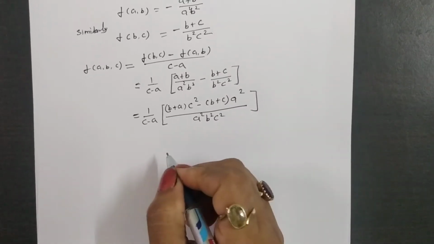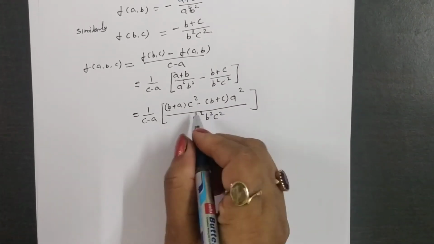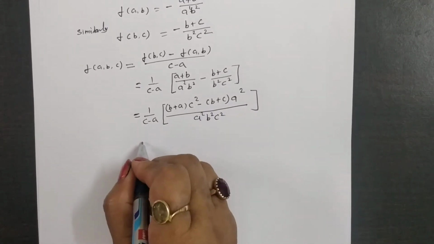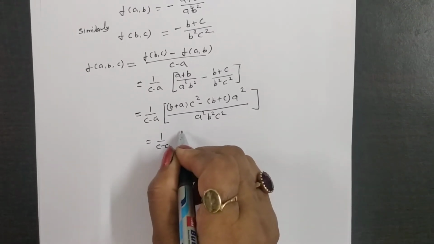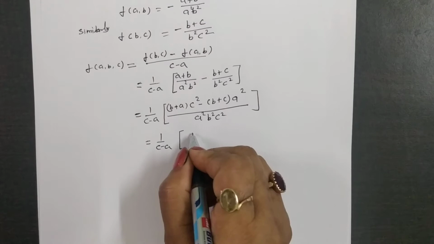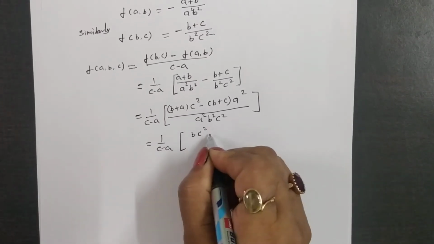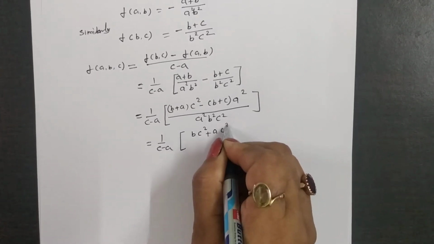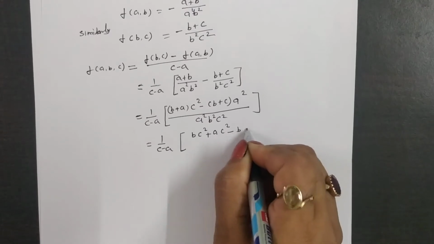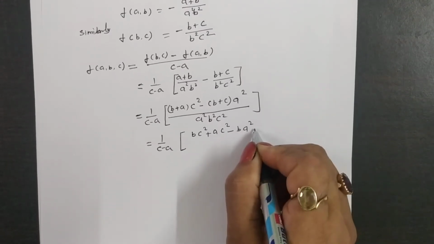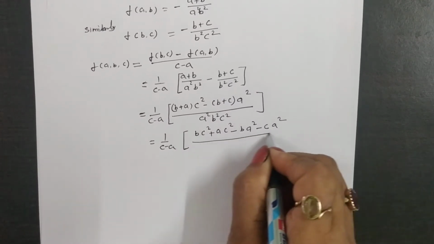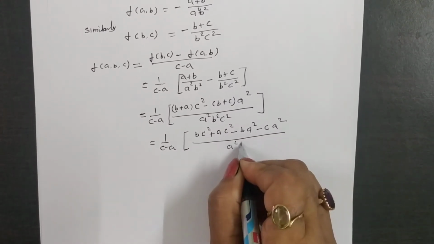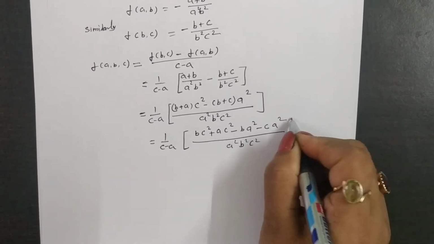Now if you solve this by multiplying, you get 1 by c minus a, and here is b c square plus a c square minus b a square minus c a square, divided by a square b square c square.